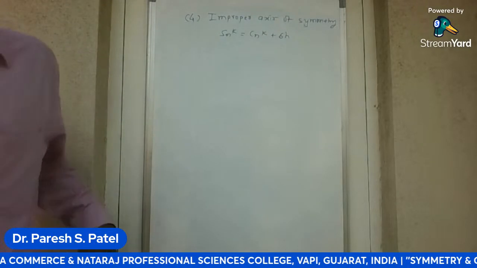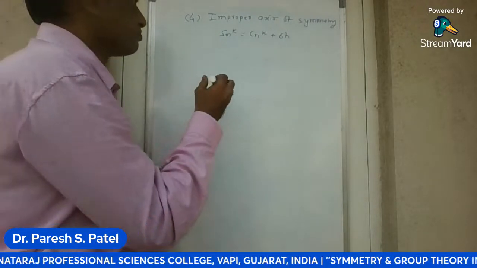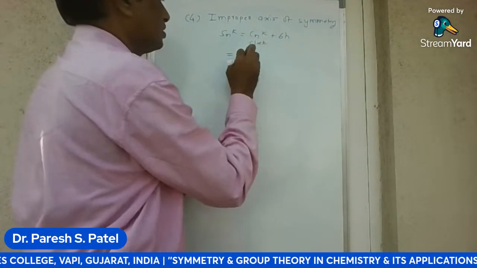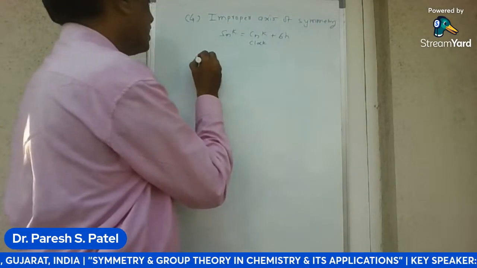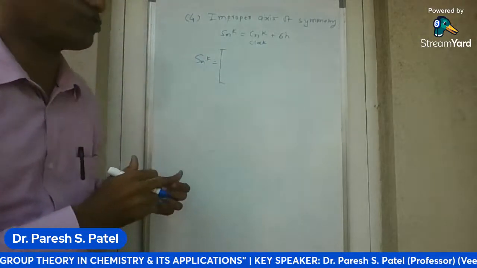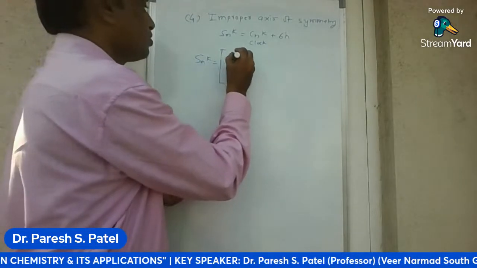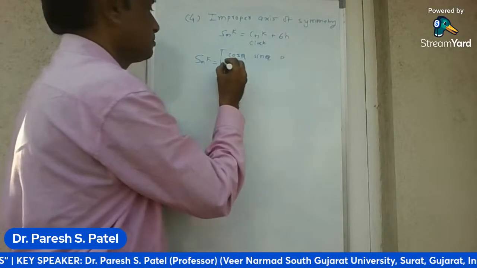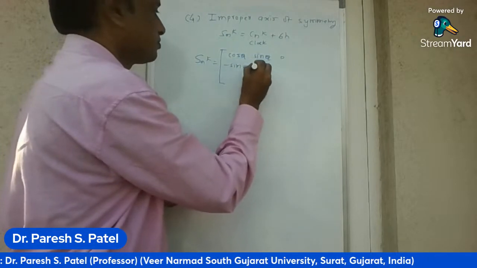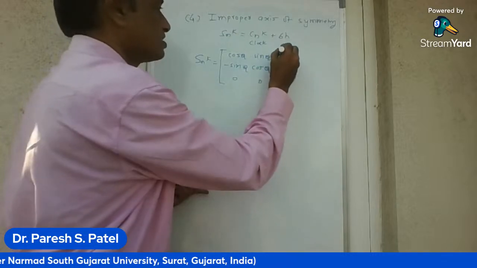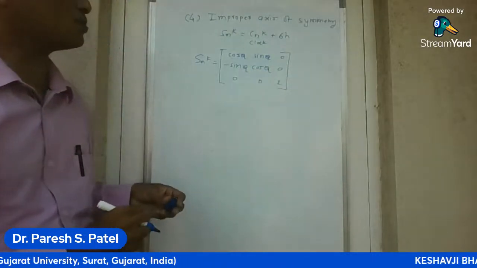In the case of sigma h, this is clockwise. So Sn^k is equal to the matrix representation for the clockwise rotation: cos theta, sin theta, 0, minus sin theta, cos theta, 0, 0, 0, 1. We already proved this. This is the matrix representation for clockwise rotation.